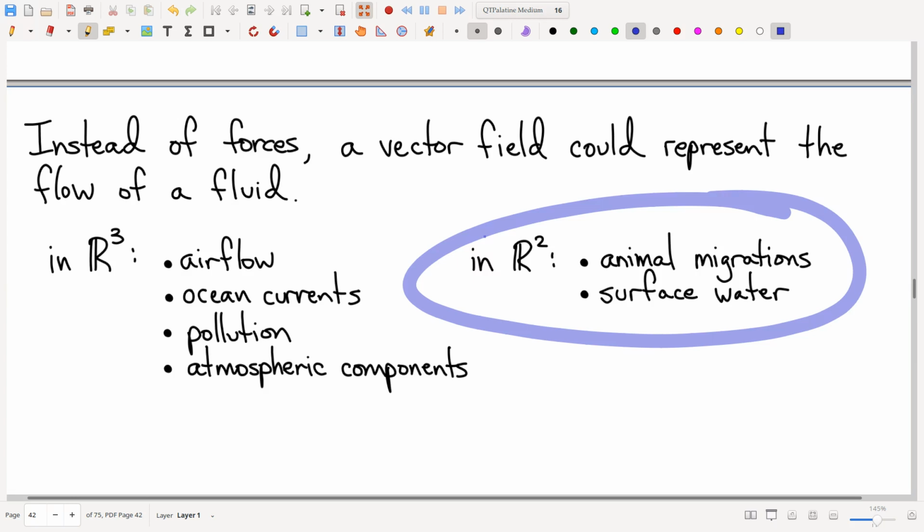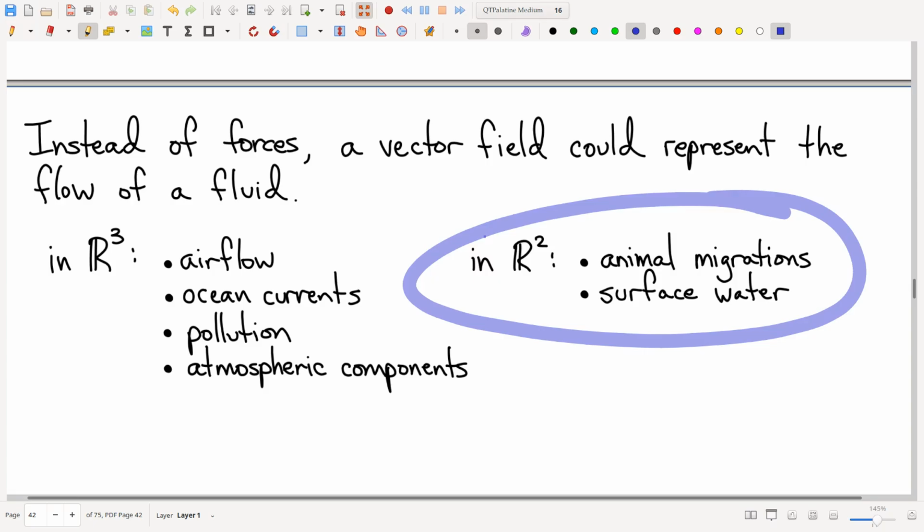Animal migrations is another fun one to think about, and obviously we don't tend to think of animals as being fluids. I'm not referring to the fact that the human body is like 93% water. That's not what I'm talking about. But if you have swarms of locusts, let's say, well, okay, it's not a liquid, but it is a fluid because it's a bunch of little small things that all kind of flow in some sense together.